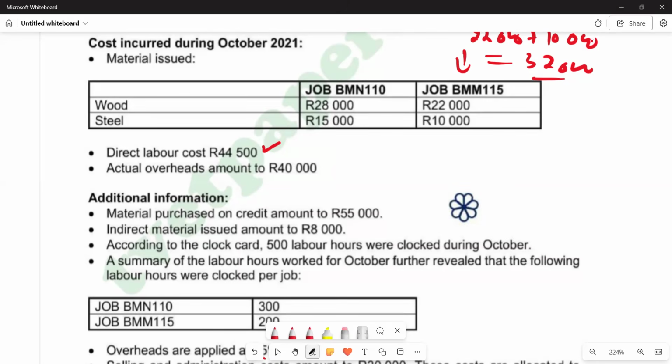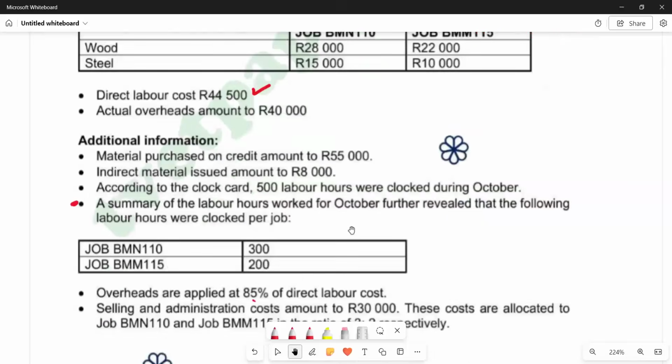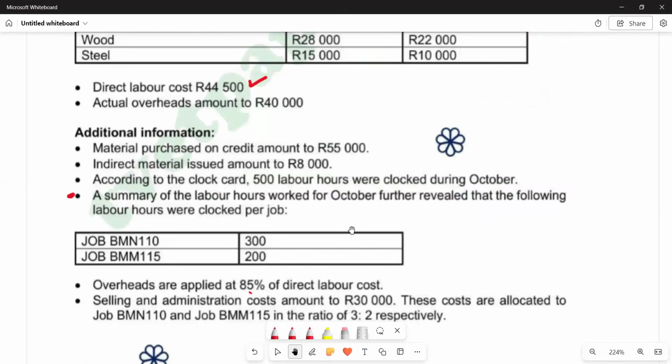If you go to this point, it is a summary of the labor hours worked for October, which reviewed that the following labor hours were clocked per job. So this is the ratio that we are going to use to calculate the proportion of direct labor costs. Here we have 300 to 200, but the one that we are concerned with is BMM 115, so it has 200 here.